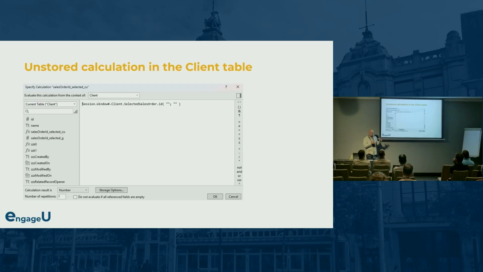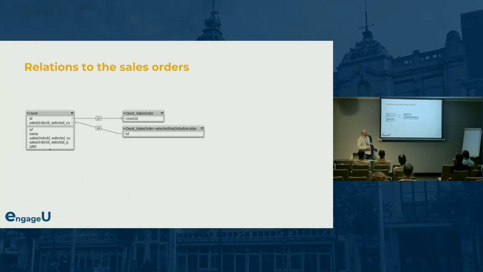So we try to follow the logic you get with FileMaker functions as well. Here is the relationship. The first one is to the sales order portal you have seen on those layouts, and the second one points to the data selected in that portal and stored in the session global variable.